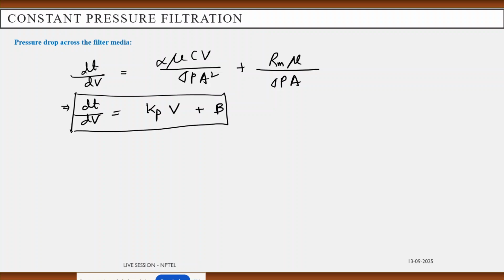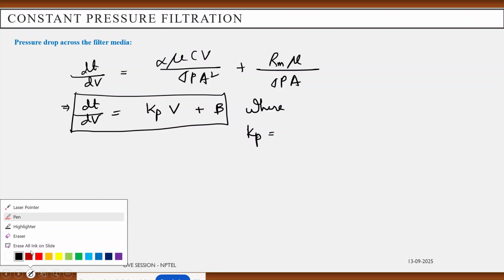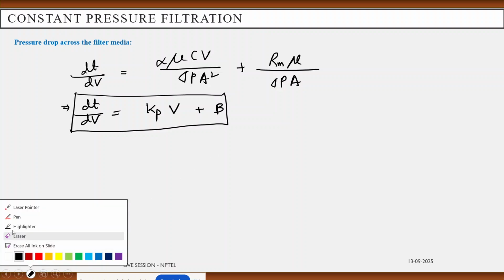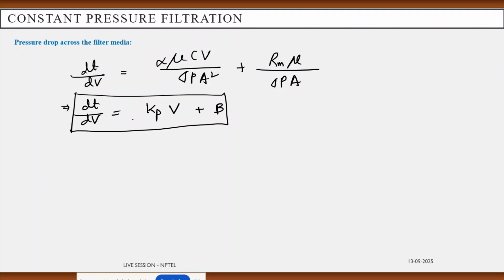This is one very important equation where Kp is as you can see easily. You just have to do the integration from 0 to t.